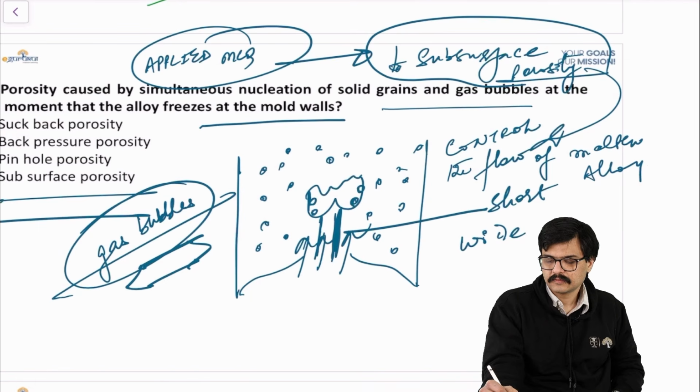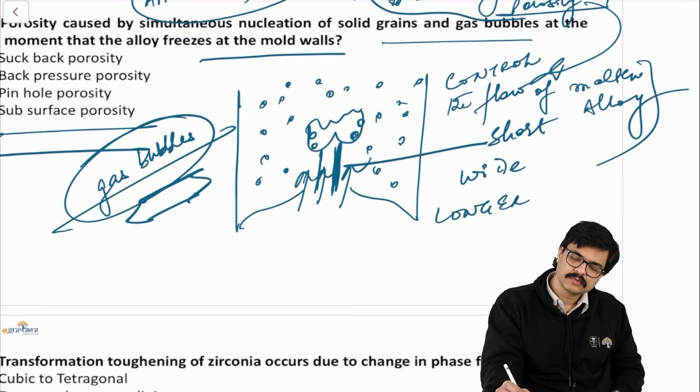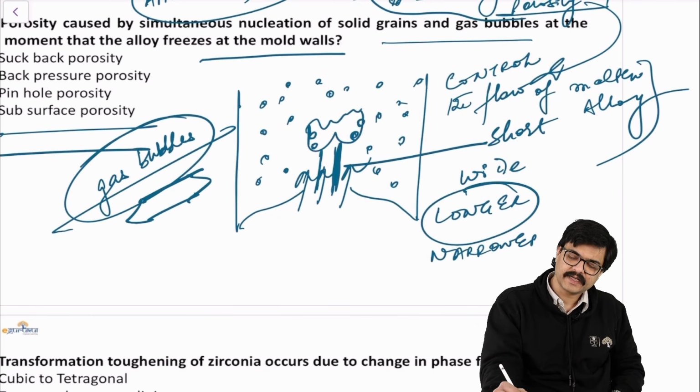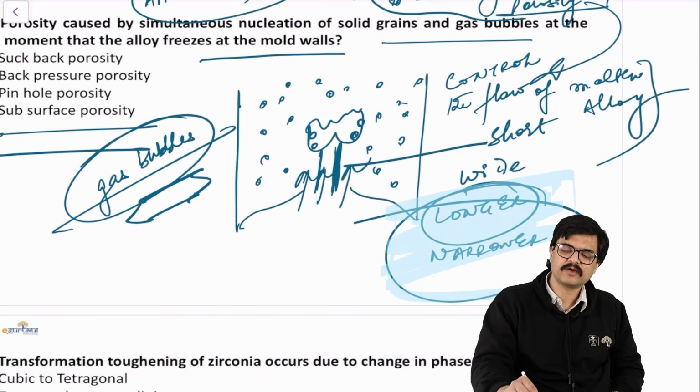How can you do that? By having a longer sprue and a narrower sprue. That would help in controlling the inflow of the molten alloy, and that would reduce the subsurface porosity.